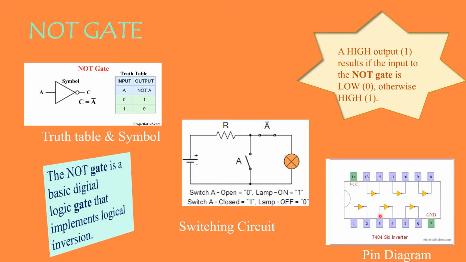Remember the pin diagram and the pin numbers as well as the IC number. So altogether you have 6 inverters within a single IC. Always here also the 14th pin is the positive of supply and your 7th pin is grounded. So this is all about your basic gates.